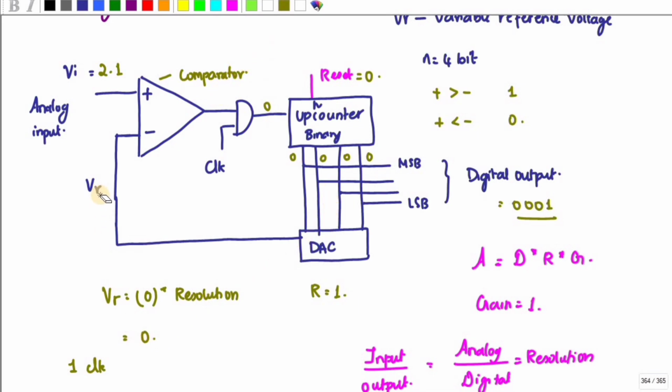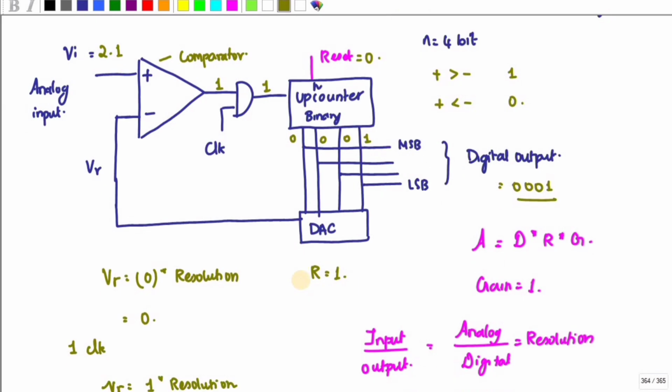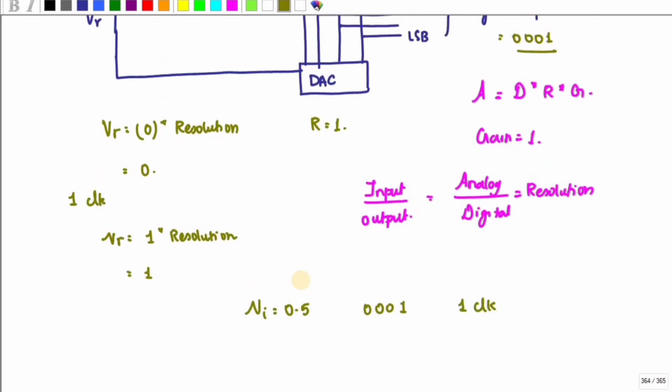I'm going to give one clock pulse. At the first clock pulse, my output is now 1. So it started to count. Now it is 1, so 1 into 1 is 1. So this becomes a 1.